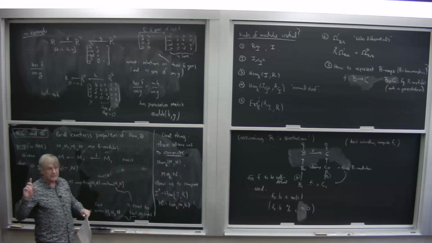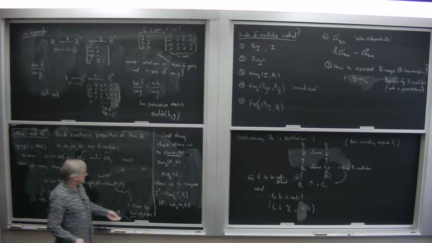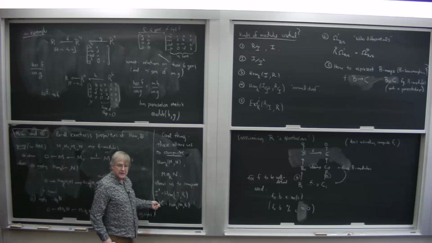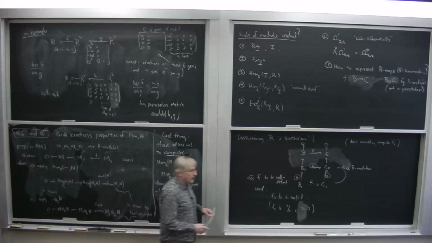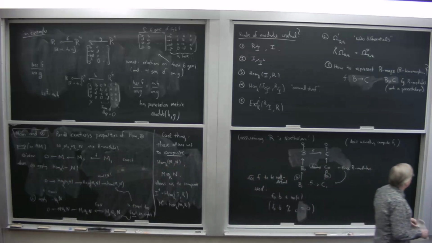Now, last time I said something about trying to compute the map from M to M star star. I don't know if anyone tried to do that problem. But this time I actually left it on there, and when we were doing this, it turns out that these computations are really useful for that.